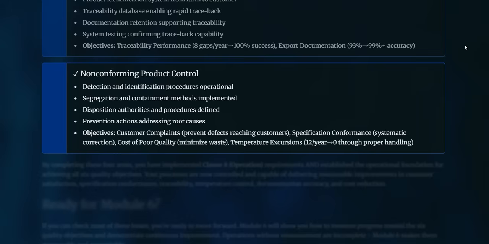Then ensure that non-conforming product control has been implemented and consists of the following: detection and identification procedures operational, segregation and containment methods implemented, disposition authorities and procedures defined, and prevention actions address root causes.